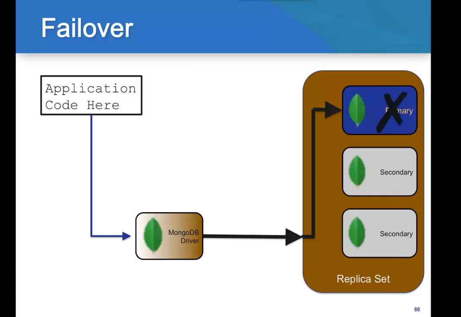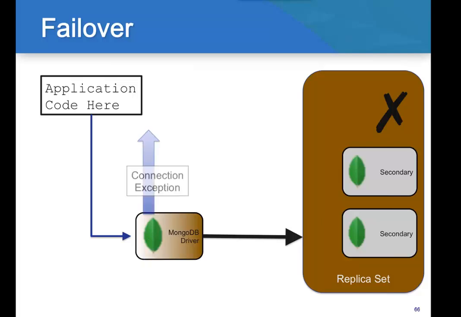Let's say that there is a failure of that node, and that node crashes. Well, the replica set now has no primary, and that primary has gone away. The driver will detect this. The driver will detect that the primary has failed, and it will send an exception back to the application code. This is a connection exception.